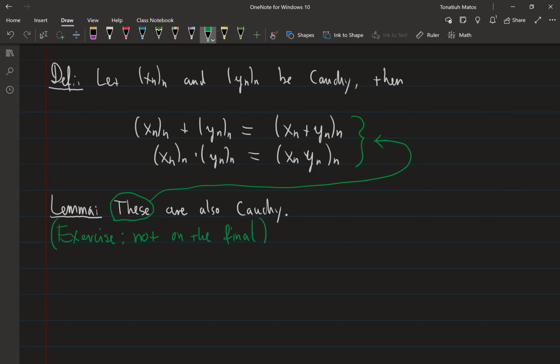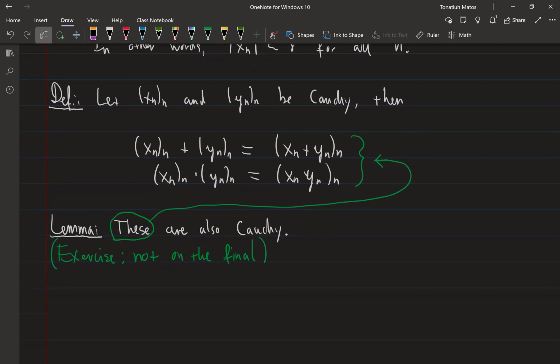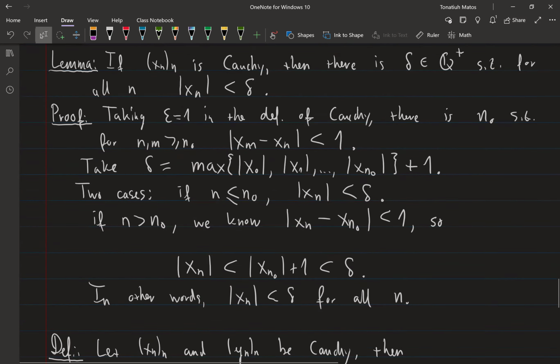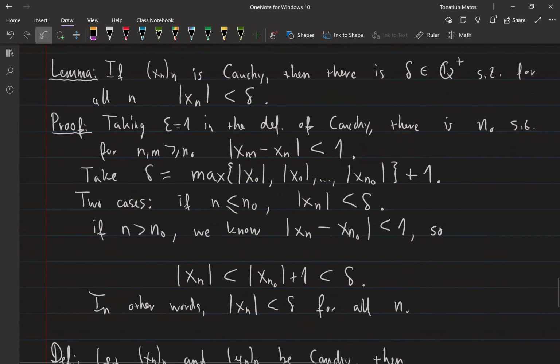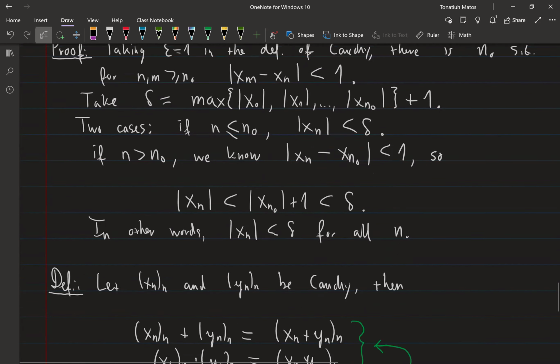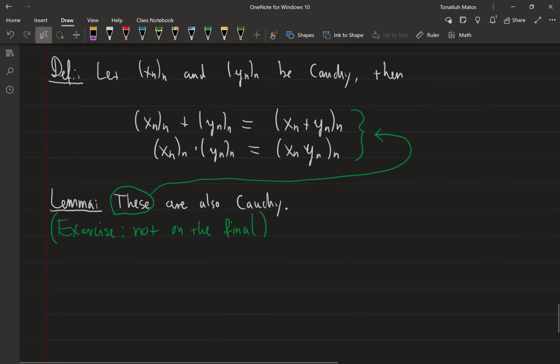My philosophy for the final exam is the exercises should have more or less short solutions, things that are similar to things we've either left open in the lectures or the problem sets. And this lemma doesn't fall into that category, right? It's longer than this lemma for sure. This one's quite short. Maybe twice this length for each of these, right? Anyway, do try to solve them in your own time, especially if you're struggling to understand Cauchy sequences.